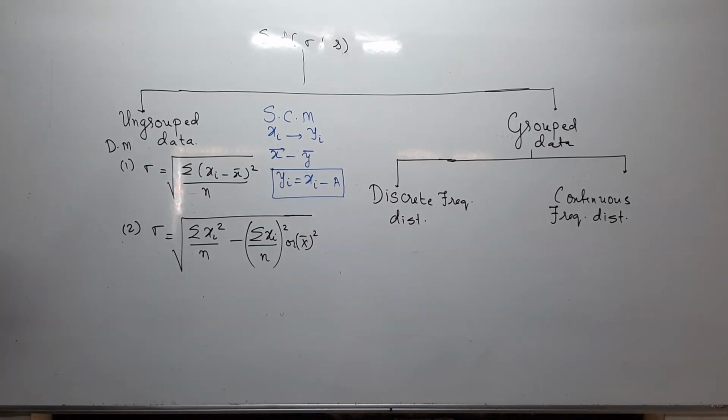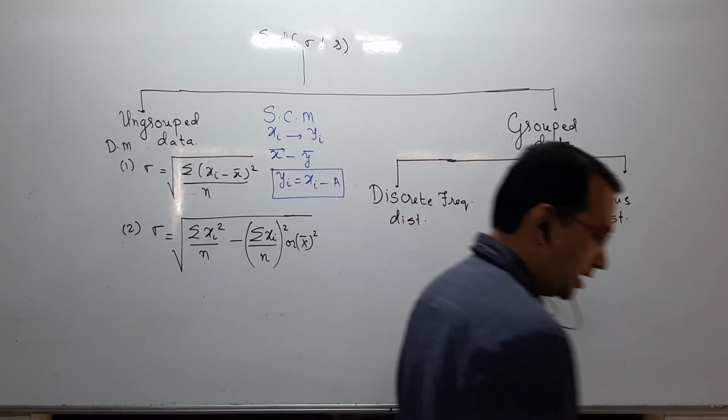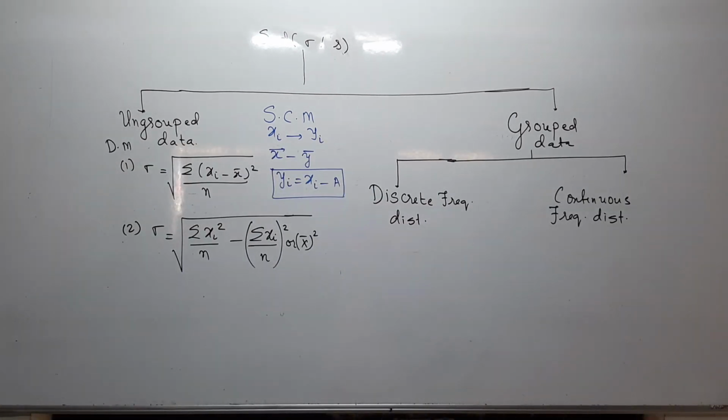Shortcut method formulas are generally preferred for group data only. But if you want to develop the shortcut method formula for ungroup data, this is the technique.